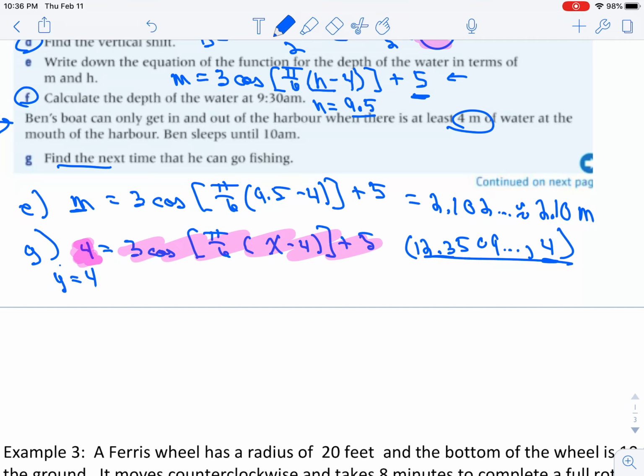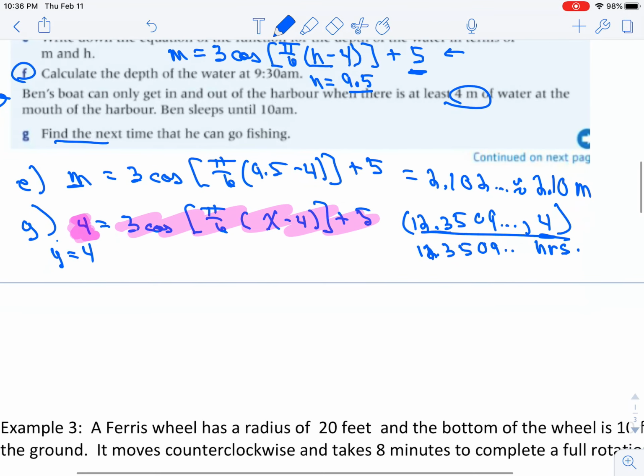Now, if you wanted a time, remember that this stands for 12.3509... hours. And if you want to actually change it into clock time, then we know that it's going to be 12 hours plus 0.3509 hours.